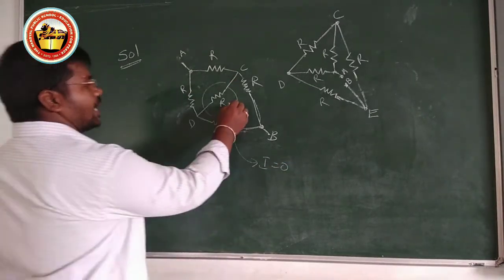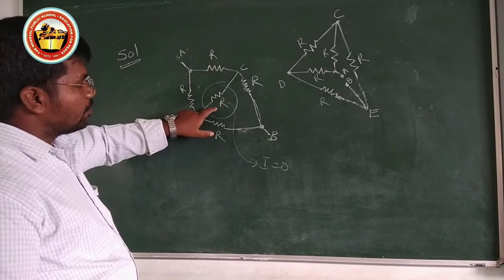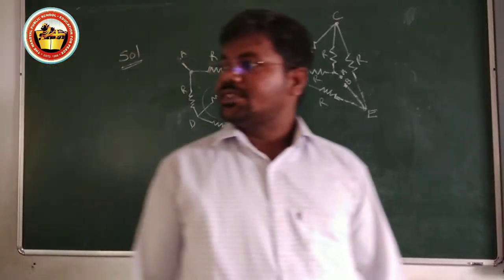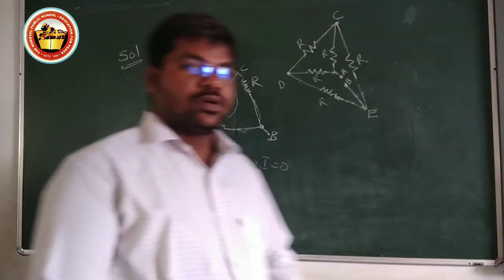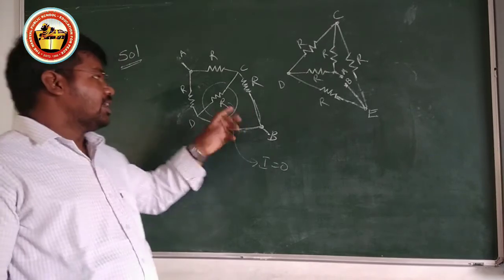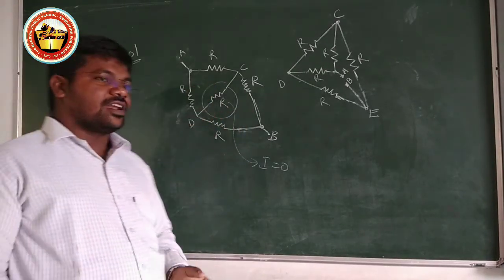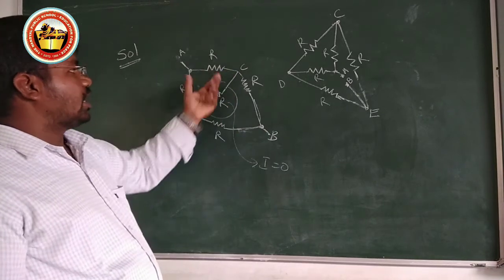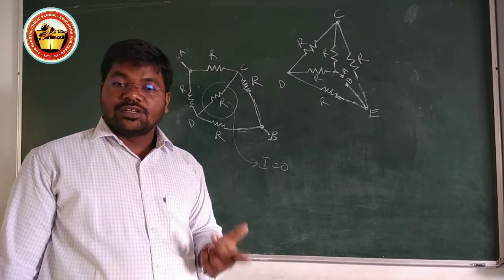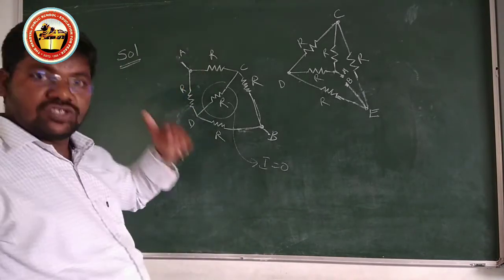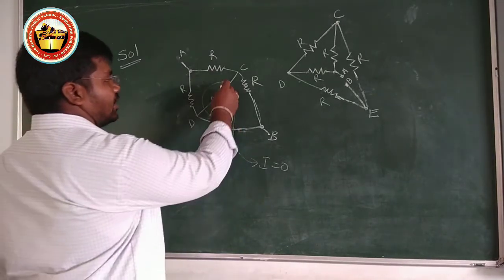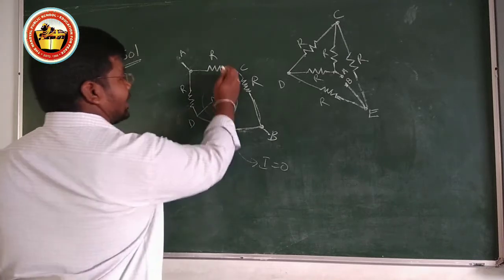So simply we can remove the resistance R. For this type of problems, we have to remove the CD resistance. When the ratio of the arms are the same, R by R, we can remove the middle resistance.